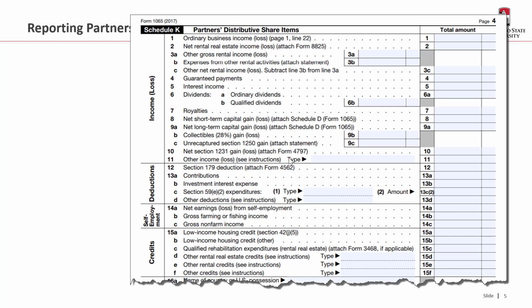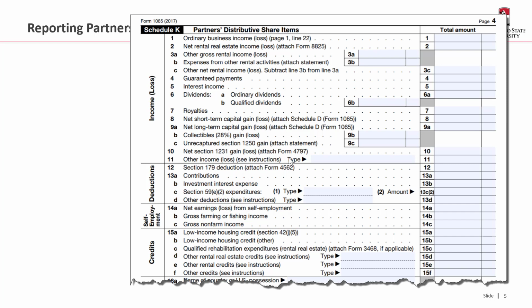And then what you see are a series of separately stated items. Things like rental income have to be stated separately because it's often passive. How about guaranteed payments? We'll talk about those. Interest income, dividend income, royalties, capital gains, short-term, long-term, other types of gains, including 1231, Section 179 deductions down on line 12, charitable contributions, line 13A.